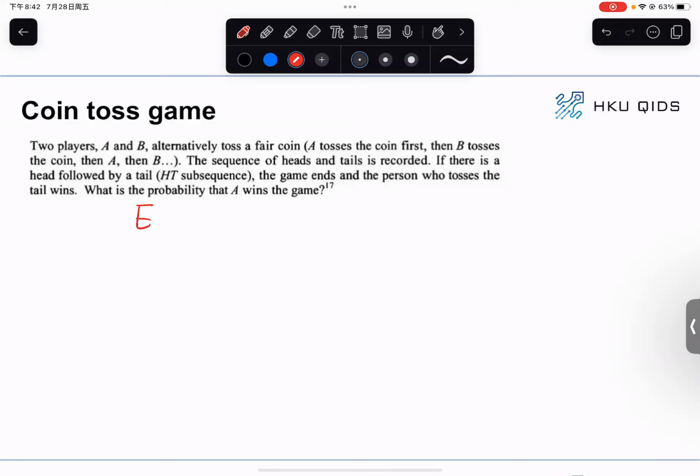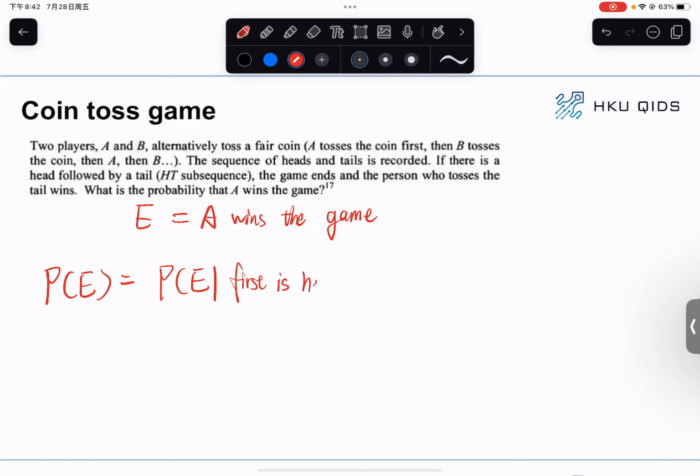So now let's first define the event E equal to A wins the game. For this question, I hope you still remember another principle we introduced last time, the principle of symmetry, and we are going to use that. So probability E is going to be probability E conditional on first is head, okay?